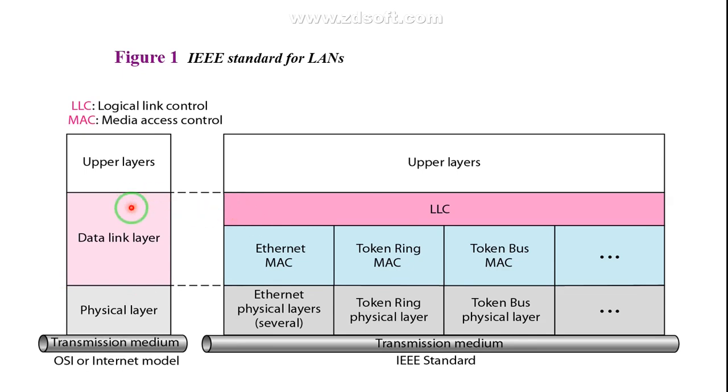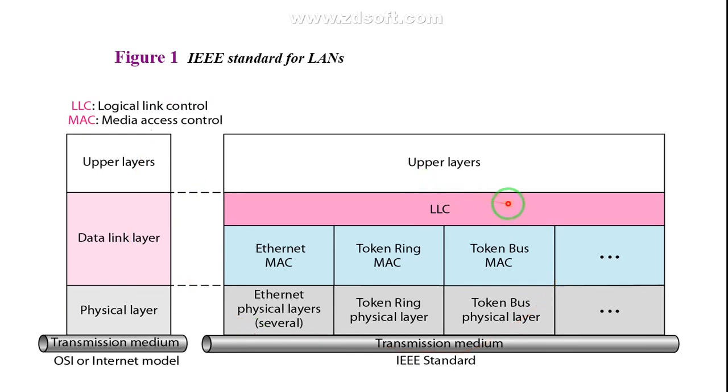Instead, it is a way of specifying functions of the physical layer and the data link layer. Now, the relationship of this 802 standard to the TCP/IP protocol suite is shown in this figure.